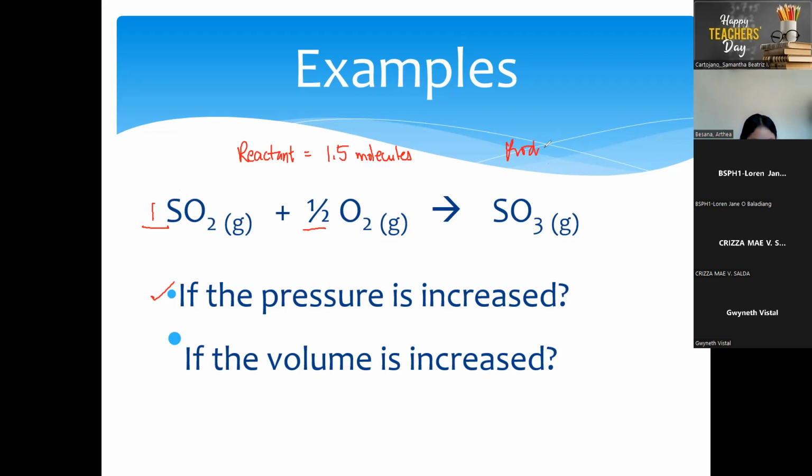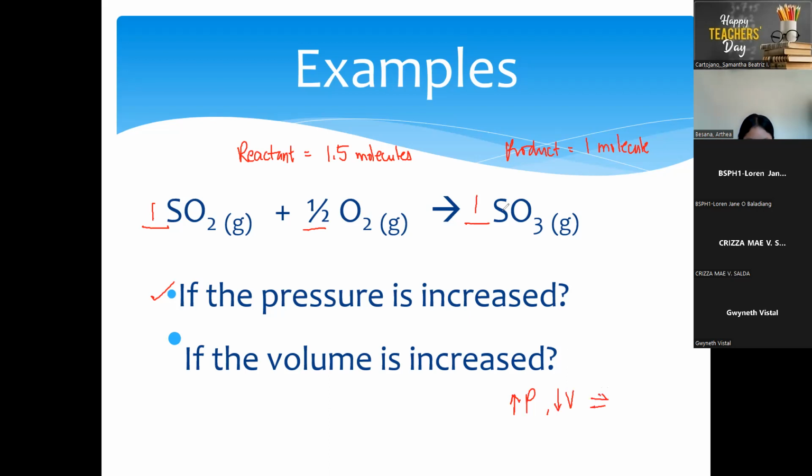On the product side, walang coefficient dyan, that's automatically 1 molecule or 1 mole. So ano nga yung rule natin? If the pressure, class, is increased, mag-decrease yung volume.